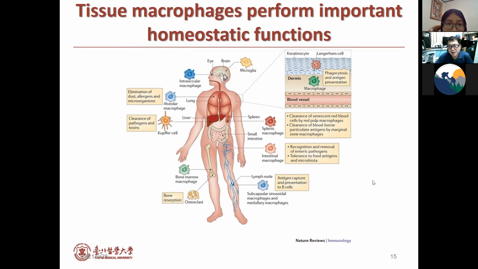Another type of macrophage, we call them dendritic cells. You can see in the beginning of this lecture, I told you about different macrophages in our tissues and organs, right? For example, in our liver, there are special macrophages living there. They are Kupffer cells, which are very important for detoxification, right?